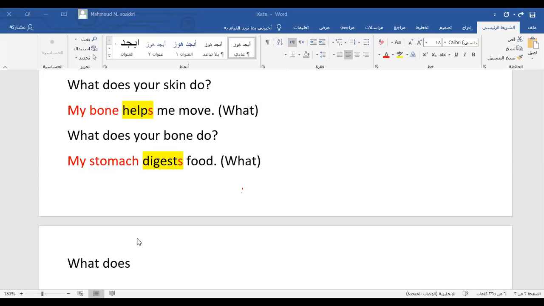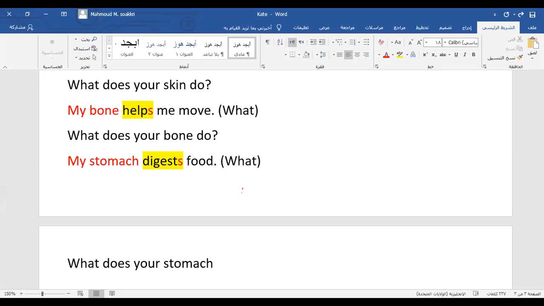My stomach. Excellent. In the question, do I write my or your? My, that's right, I can write my. But what is better, writing my or your? Your. Excellent. What does your stomach?